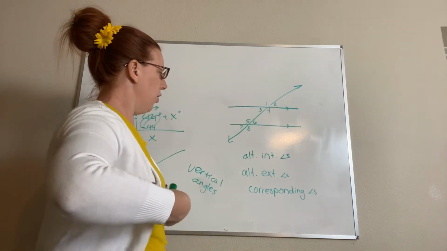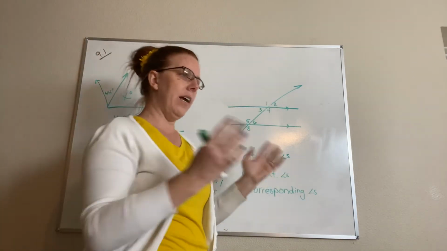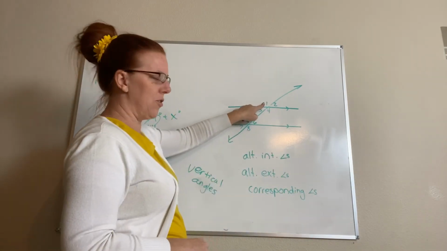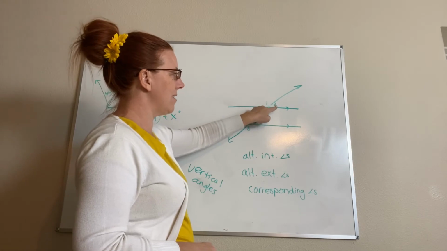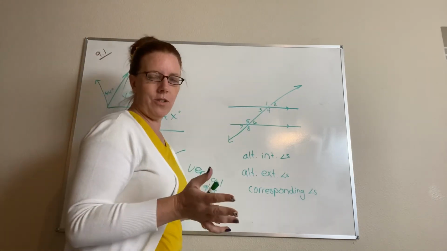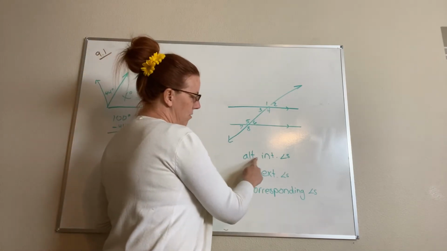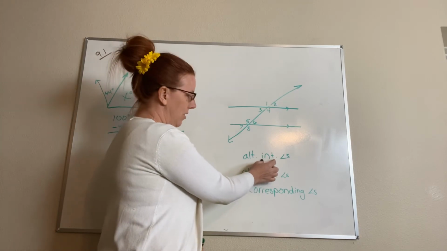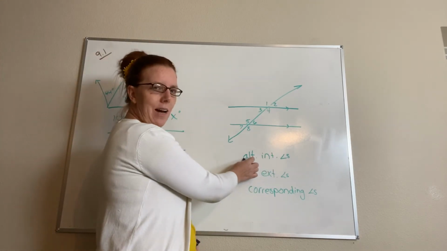Okay? So alternate means alternating sides. So if this is on the left side of my transversal and that's on the right side of my transversal, then those are alternating. So let's mix those two definitions. If I'm asking for alternate interior angles, then I need angles that are on the inside of my sandwich that are on opposite sides of the transversal.